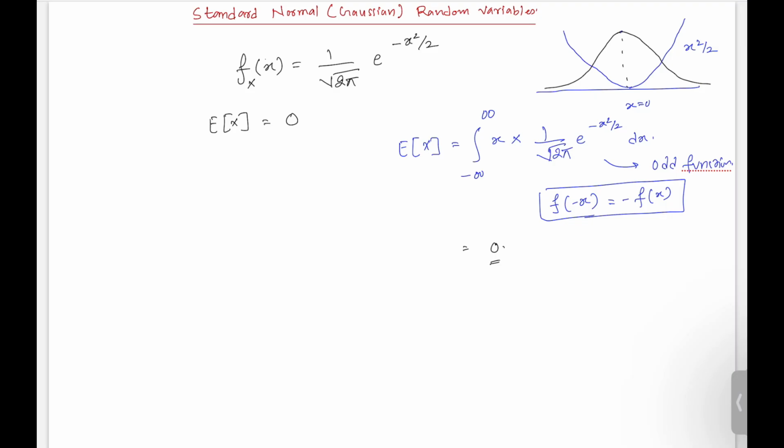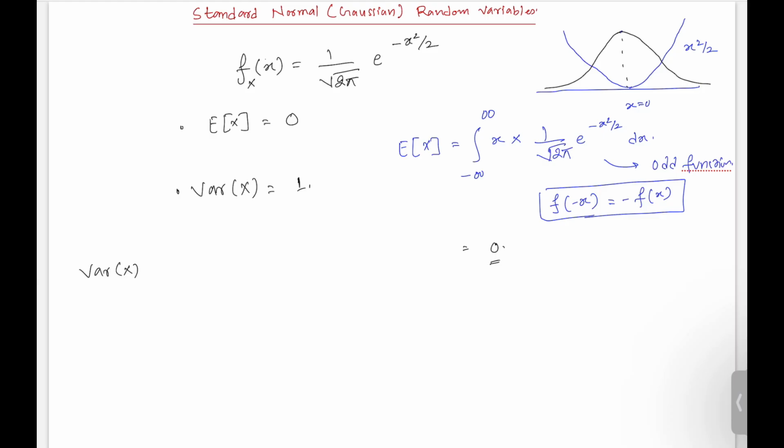Now let's try to find the other quantity, that is the variance of this random variable X. The variance would be 1. We can also find this variance, but how do you find it?